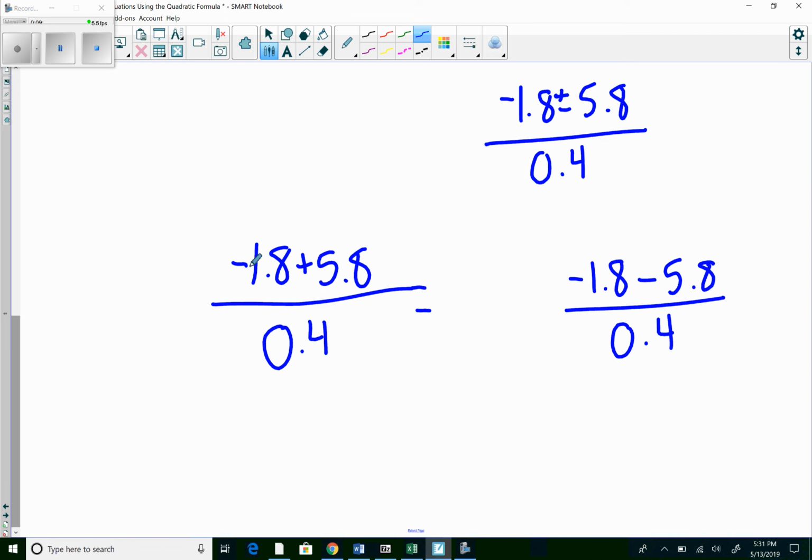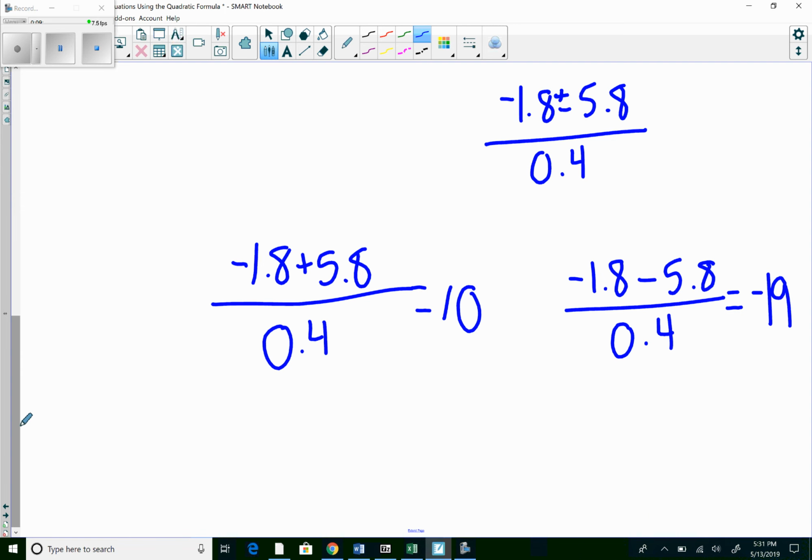Negative 1.8 plus 5.8 is 4 over 0.4. So 4 divided by 0.4 will give you 10. Negative 1.8 and negative 5.8 divided by 0.4 will give you negative 19.